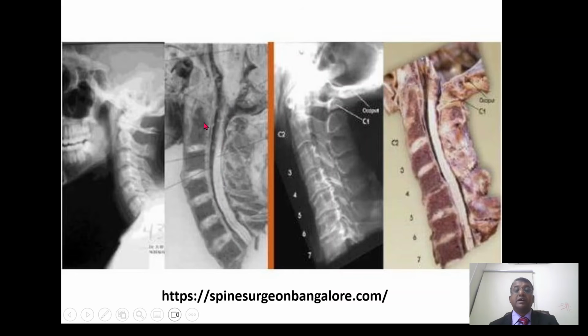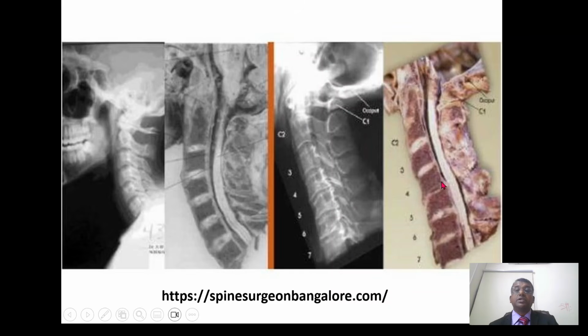Now, a normal curvature has a good relationship with the spinal cord, that is, the discs are not pinching on the nerves. But when we have a loss of this normal curvature or posture, as we see here compared to this, there is a straightening of the curve.